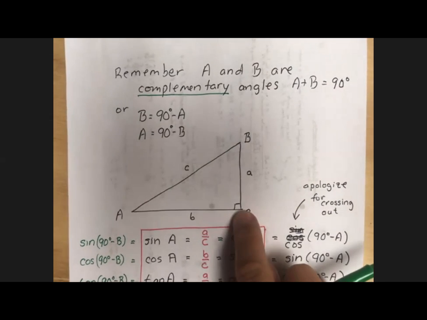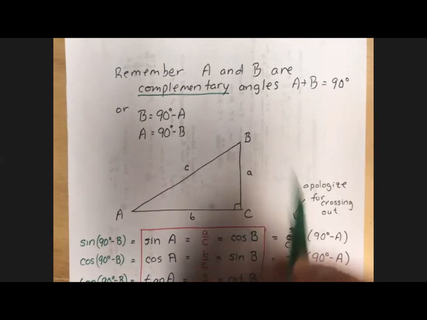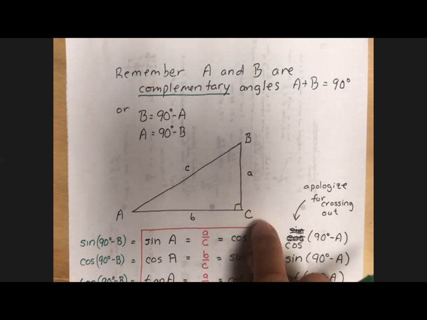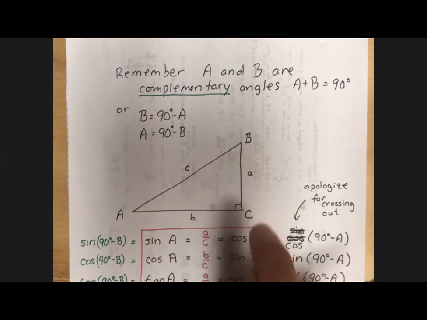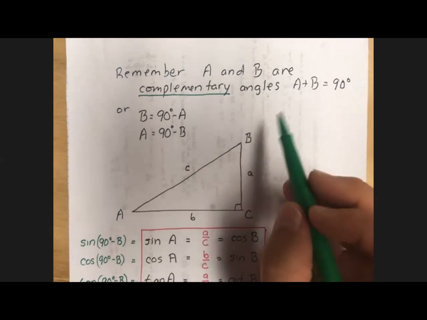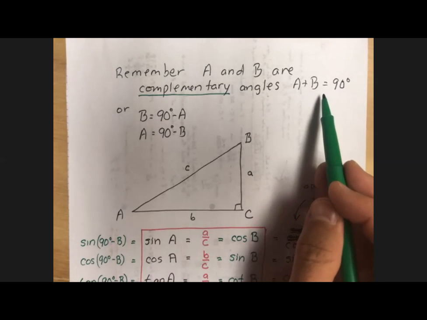When you have a right triangle, remember complementary angles are angles that add up to 90. Since you already got 90 degrees taken up by this C, that means the other two angles have to add up to 90 degrees to make 180 for the whole triangle. So A and B in a right triangle are automatically complementary.